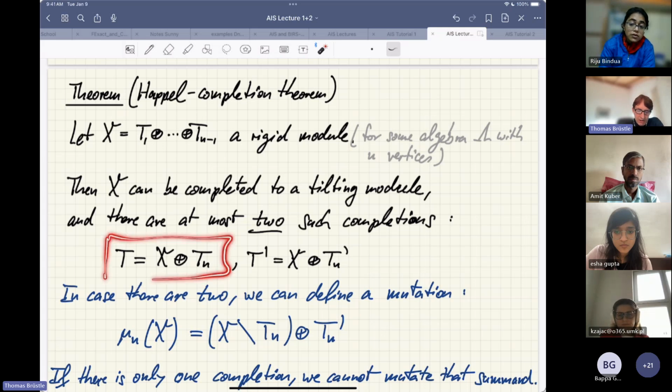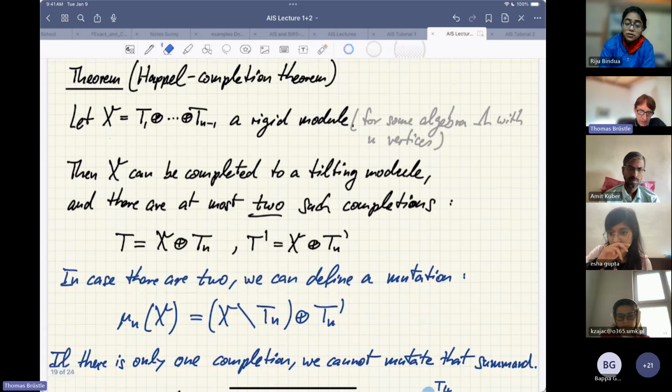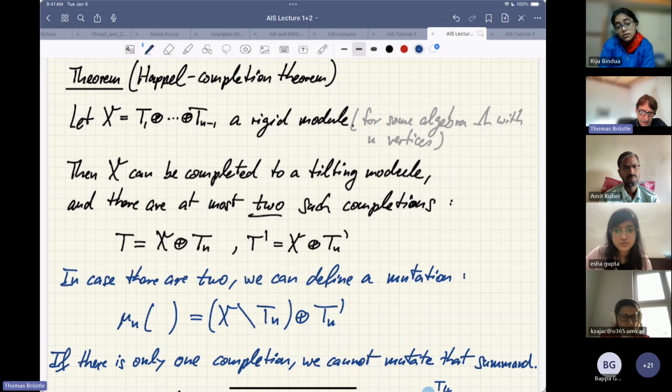If I have that tilting module, what I could do is, sorry, I made a mistake here. What I could do is the following. I could consider that T, and I could define a mutation of T as follows.